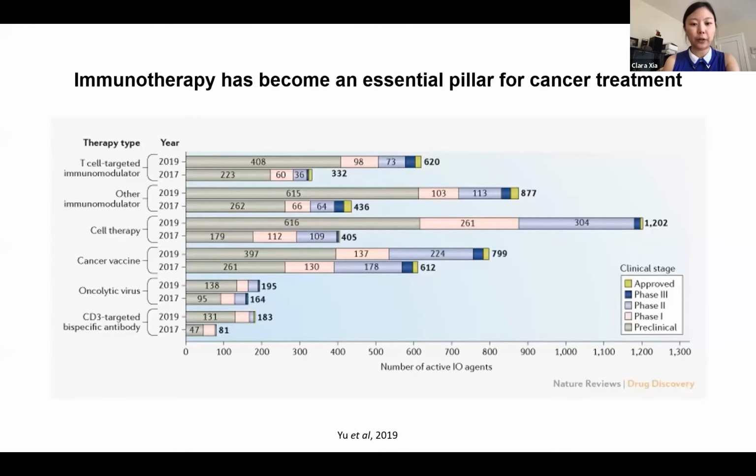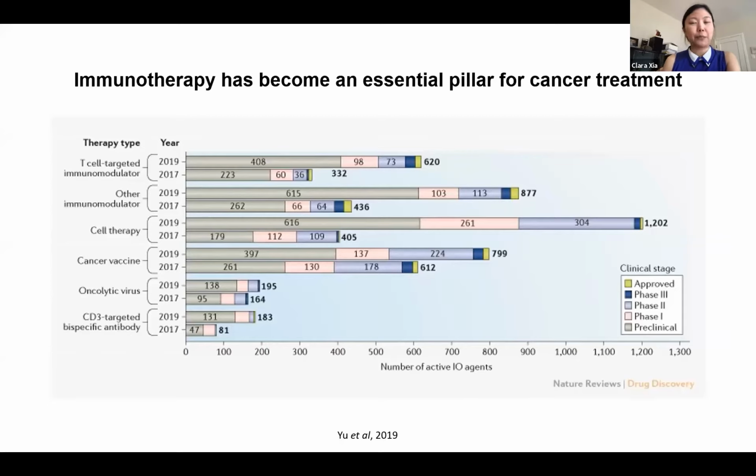The popularity of immunotherapy is evident through the growing number of active drugs being developed over the years. Among the different types of immunotherapy, cell therapy has taken center stage, possibly due to successful cases such as CAR T therapy, TIL therapy, and dendritic cell-based therapy, many of which are approved by the FDA.